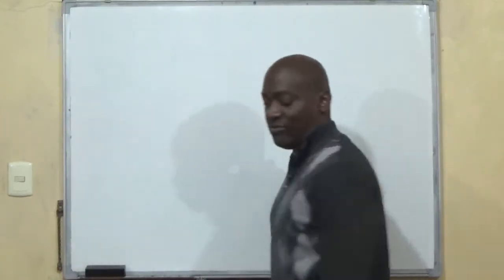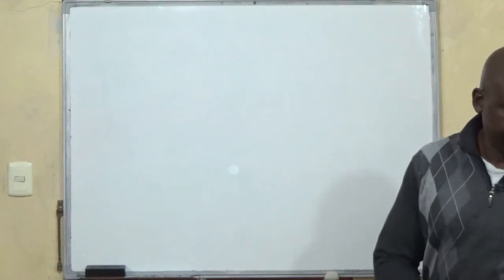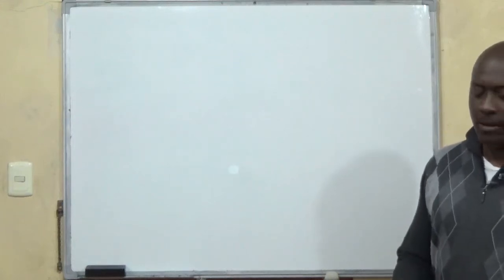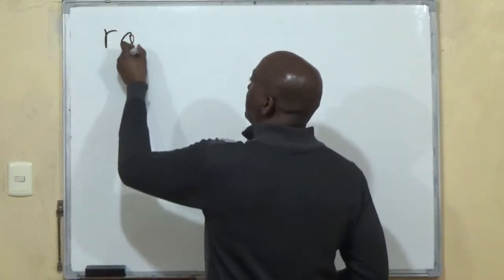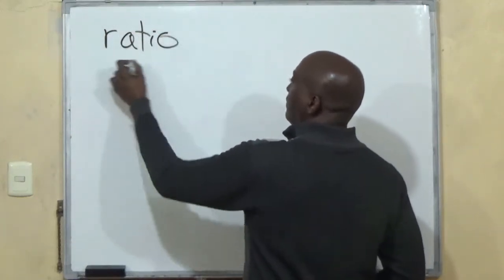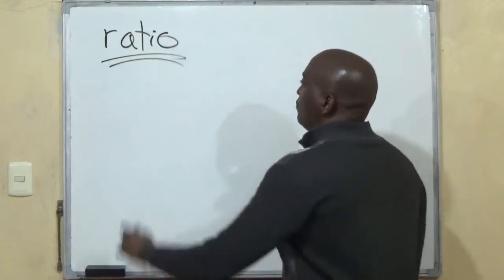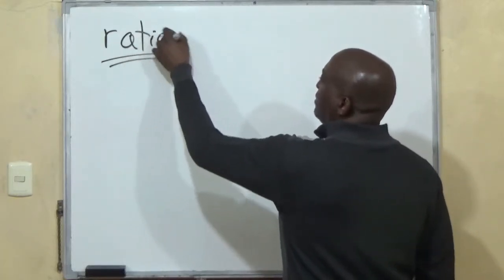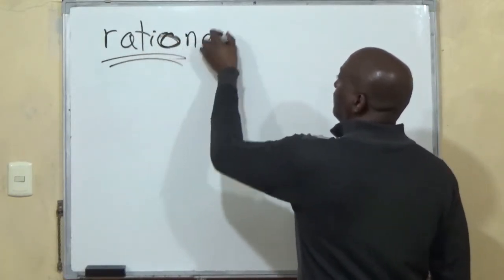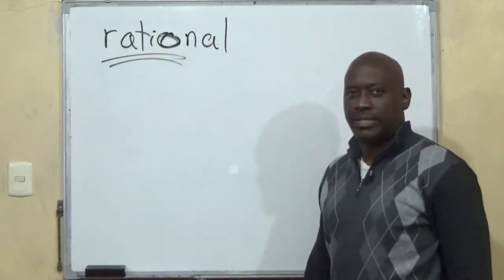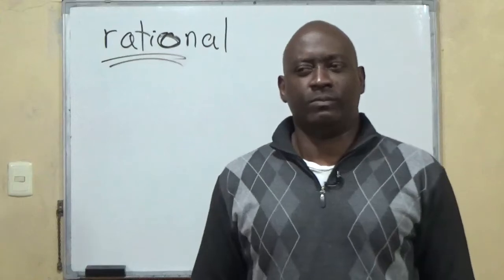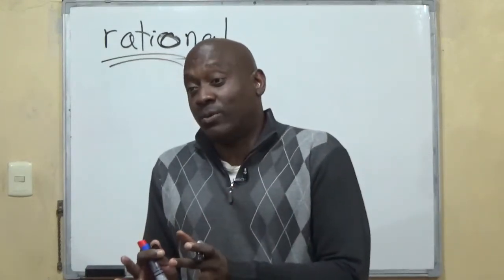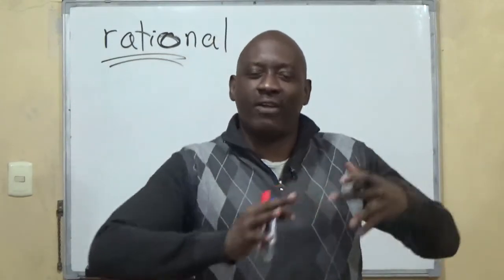The word rational to describe rational numbers comes from the idea of a ratio. Right? So ratio is the noun, rational is the adjective. See? We're getting into language now. So the noun is ratio, the adjective is rational.